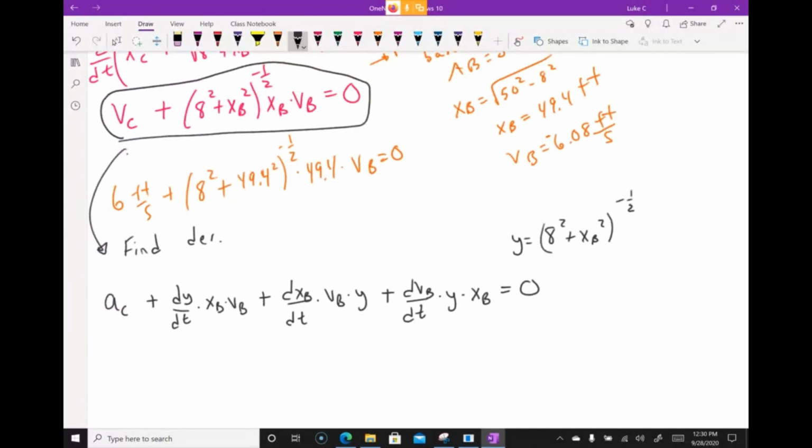So you have to use the product rule 3 times because there are 3 functions in this. The first function is y, which is this term. The second function is xb, and the third function is vb. And why am I calling them functions? Because each one of those terms has a variable that's a function of time.